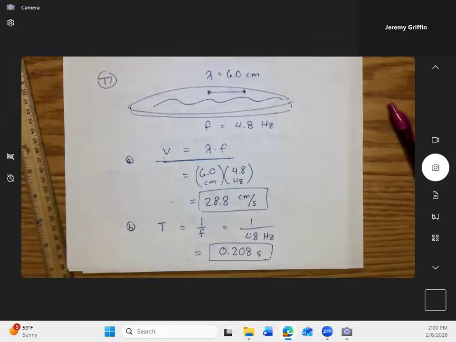Little ripples right there. Yeah, got that.